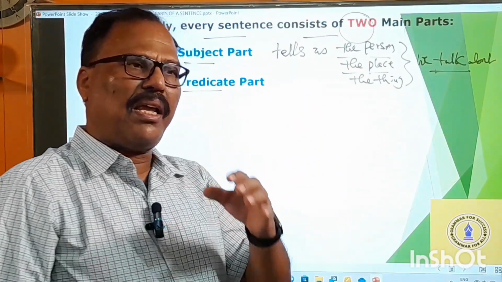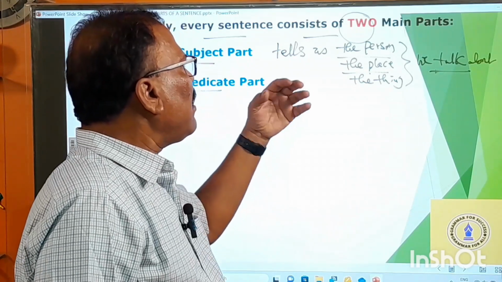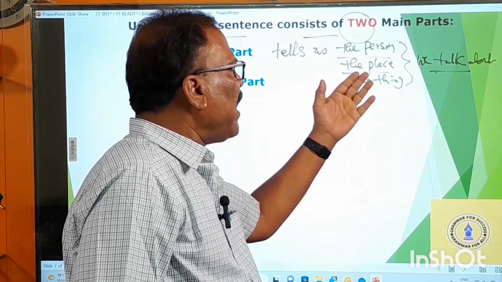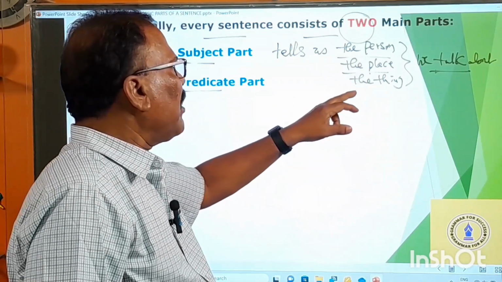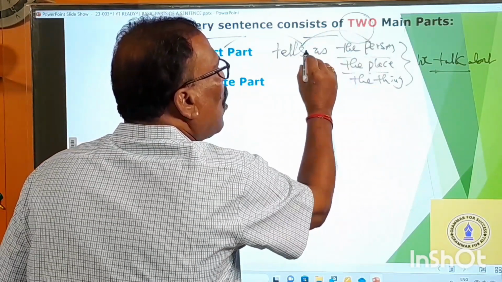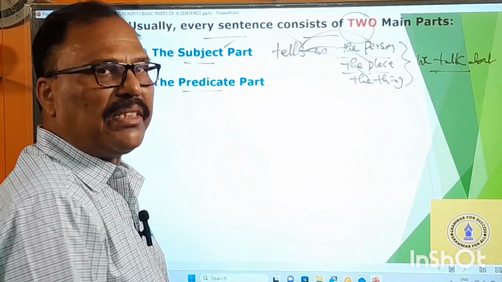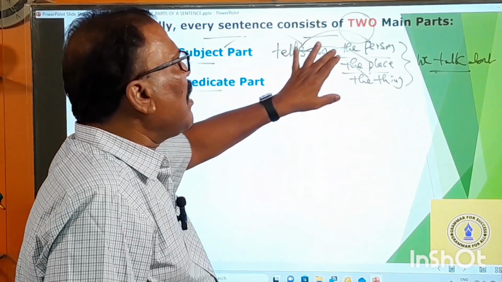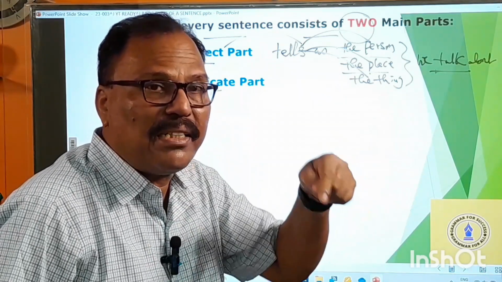Take any sentence, in that sentence we shall be talking either about some person, or the place or thing. So this part tells us that person or that place or that thing. This is the only job the subject part does, right? So once again, the subject part tells us the person, the place or thing we talk about in that sentence.